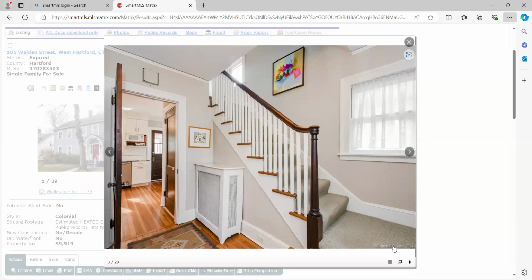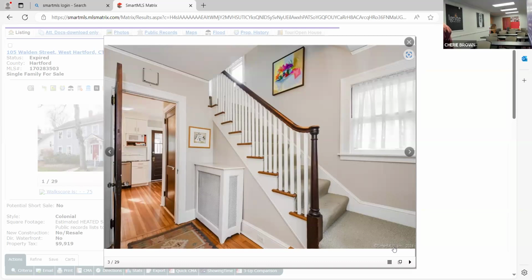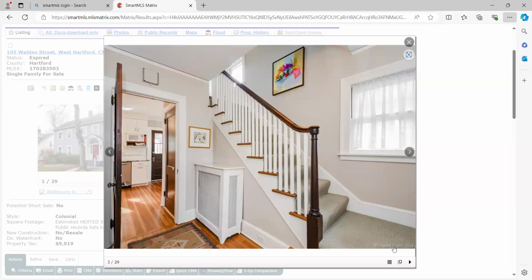My question was, when you evaluate the property, there are different criteria, like this is a superior property or this is a... Wait a minute, I don't know what's happening here. Hello?